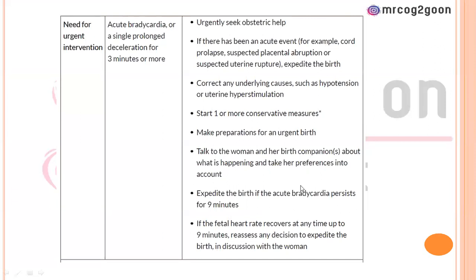Expedite the birth if acute bradycardia persists for 9 minutes. If the fetal heart rate recovers at any time up to 9 minutes, reassess any decision to expedite the birth. Okay, so we have to wait for 9 minutes.